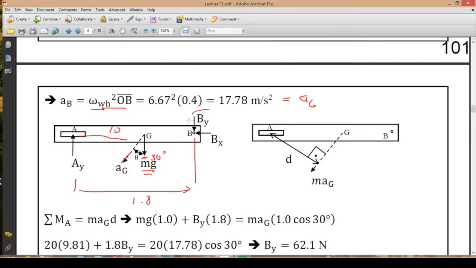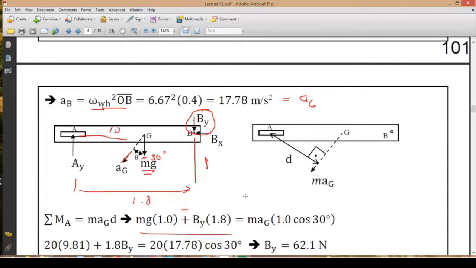You can freely choose this direction, by the way, but this is already chosen for us in the notes as downward direction. So it is consistent with the direction of mg, so that's why they appear to be positive, all of them. If you choose BY in the opposite direction, then you need to have a negative sign. Anyway, this is the left-hand side of the equation.